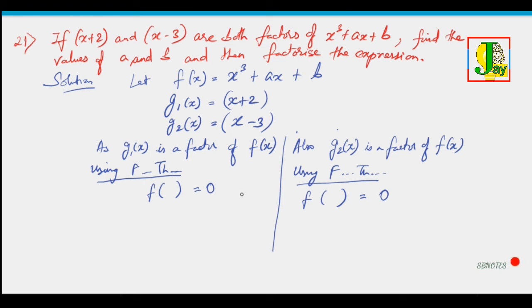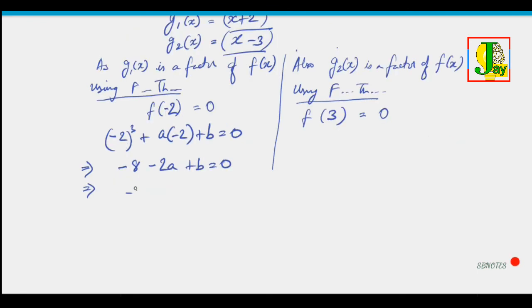Now in this question we have x plus 2 and x minus 3 as both factors of the given polynomial x cubed plus ax plus b. So since g1(x) and g2(x) are both factors, using factor theorem we have f of minus 2 equals 0 and f of 3 also equals 0.